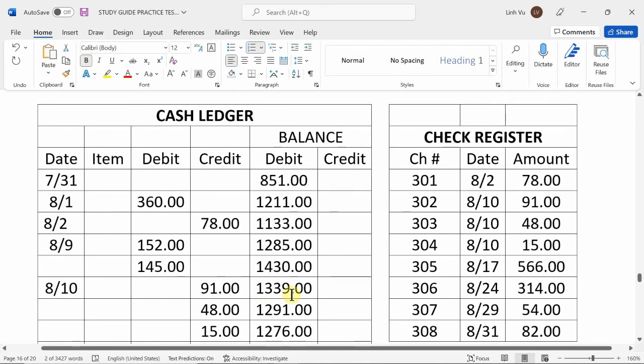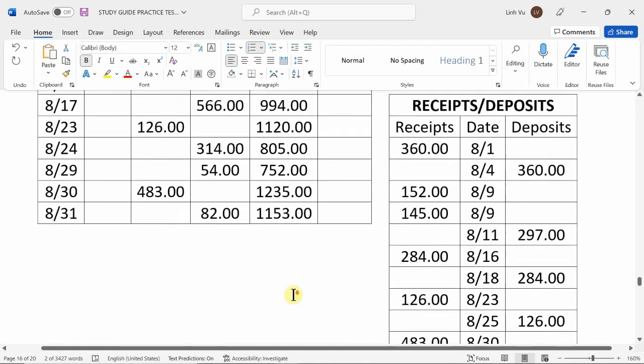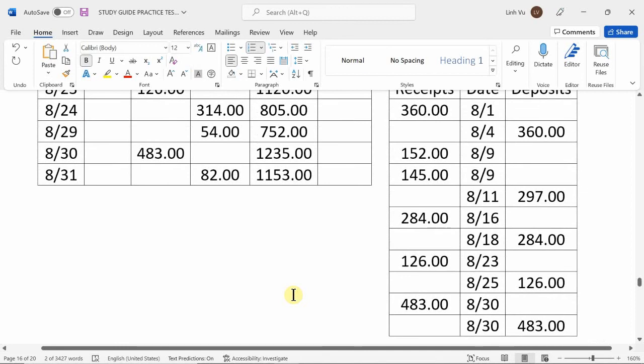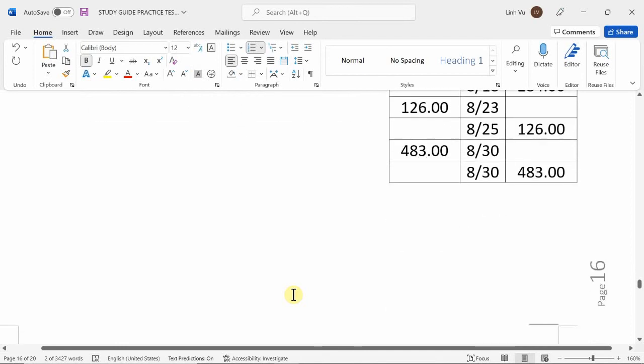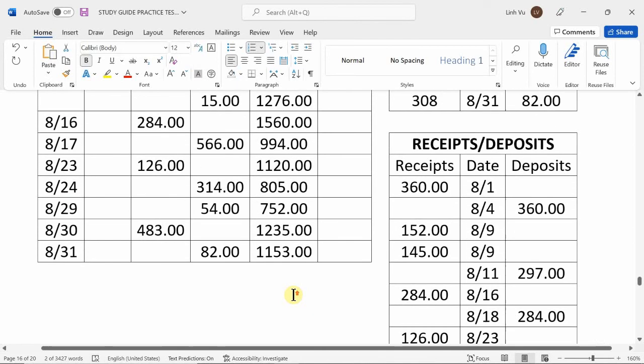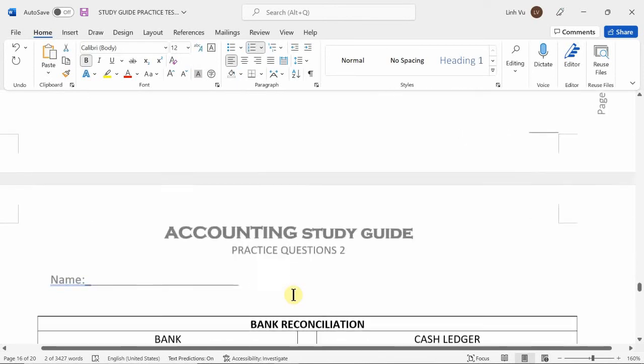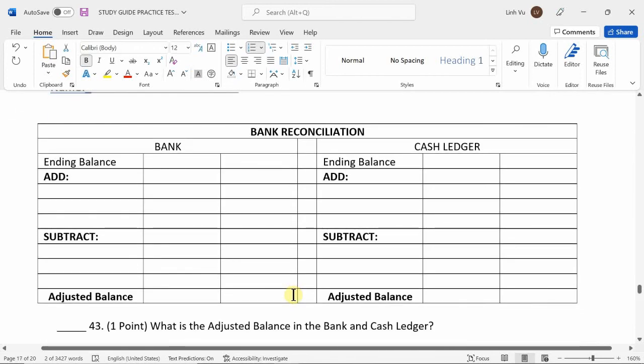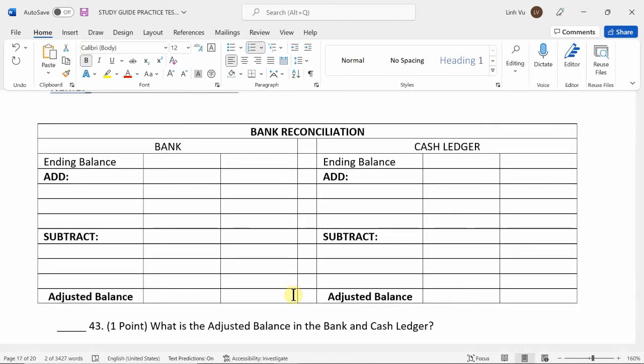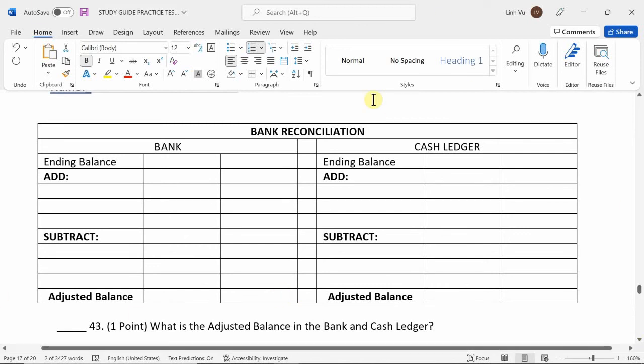So again, this is all the checks that you wrote, as well as your deposit slips of all the deposits that you made, okay? And of course, you have your table right here to complete your reconciliation. Okay, so which side do you want to start on, the bank or the cash side? I'll start with the cash ledger. Okay, let's start with the cash ledger.